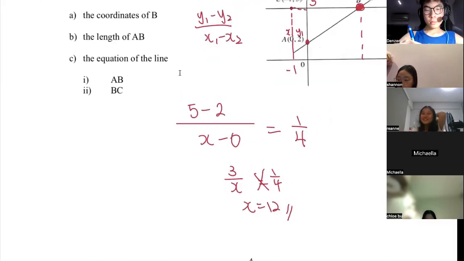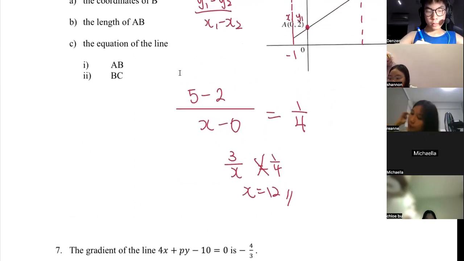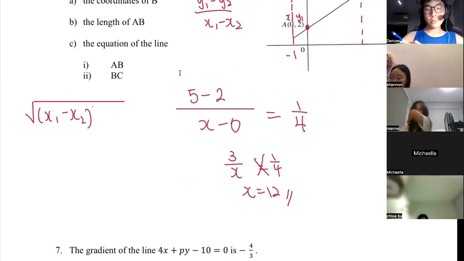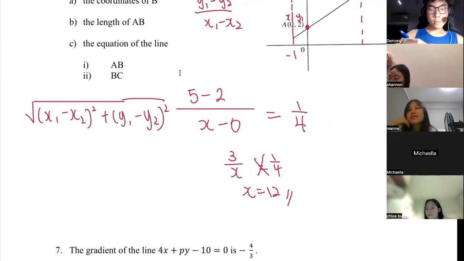Then next one, they want the length of AB, length again. Very simple. Those who forgot: x1 minus x2 whole thing square plus y1 minus y2 whole thing square.